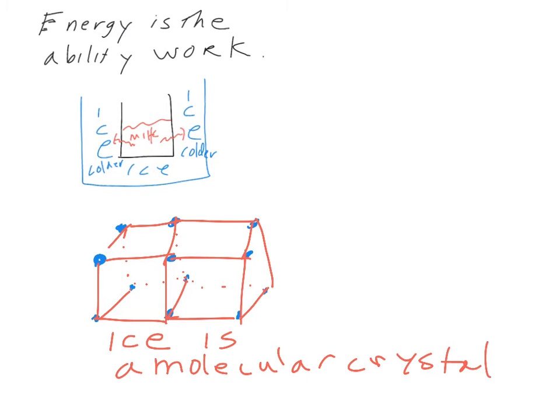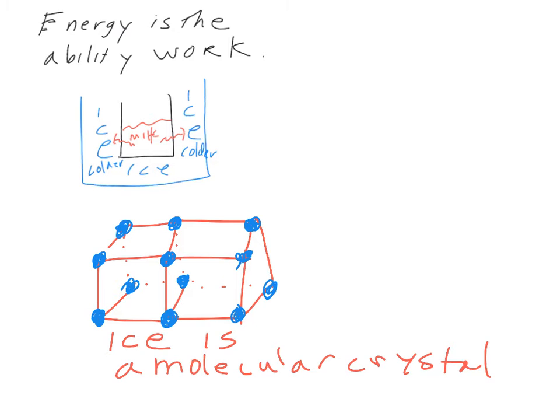Ice is what is known as a molecular crystal. In an ionic compound, we know about crystals, and we know that every point in a crystal is an anion or a cation. In a molecular crystal, instead of the repeated pattern being made up of anions and cations, the repeating pattern is made up of water molecules.